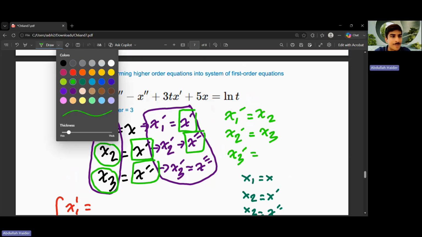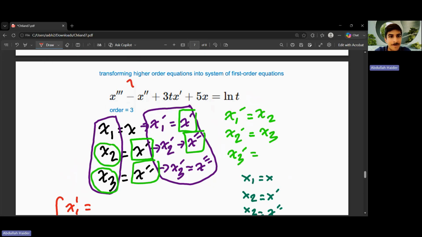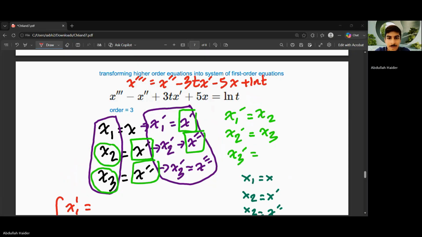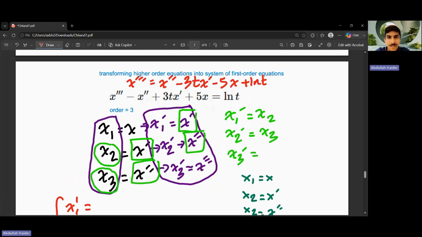So I will rearrange this first equation to give me x triple prime. So x triple prime is x double prime minus 3t x prime minus 5x plus ln t. So now we substitute: our x double prime was x3.